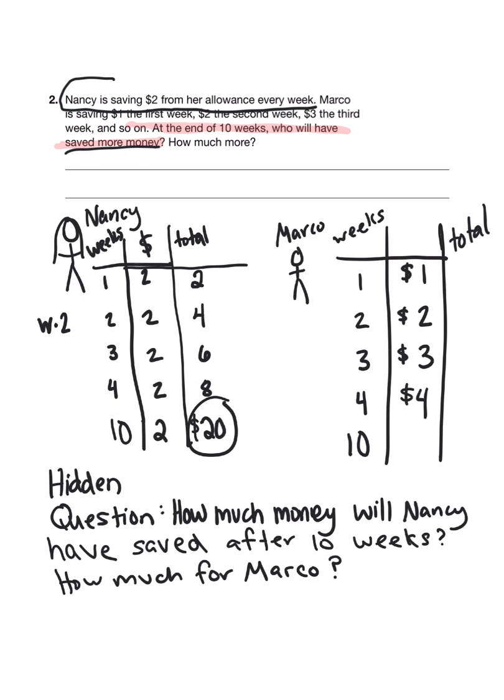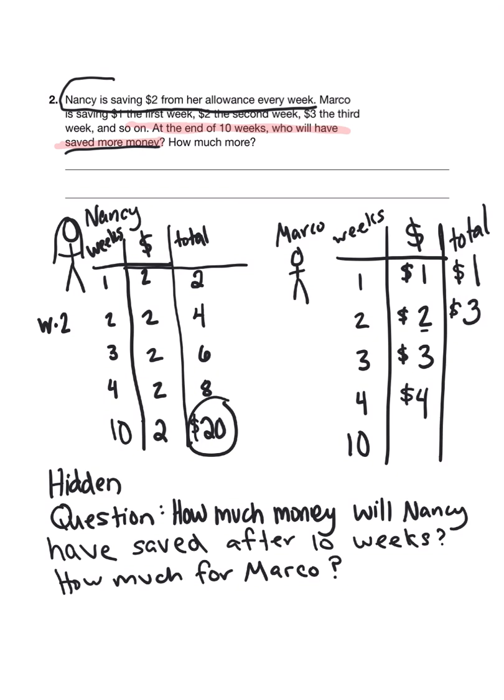Let's see if we can figure something out, like a system that we can use for Marco's savings. So after 1 week, he will have saved $1. That's easy enough. After 2 weeks, he will have saved $1 plus $2 for a total of $3.